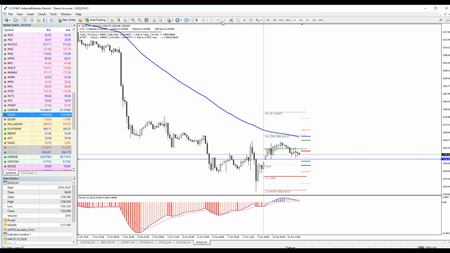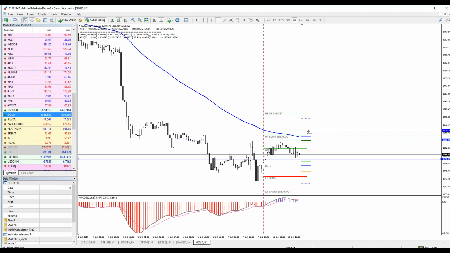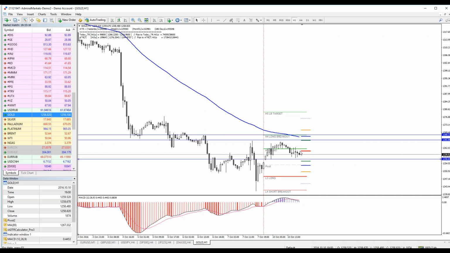Also watch for rejections here. This is the zone for possible sell trades. See here and here. So this is the breakout. 1256.60.